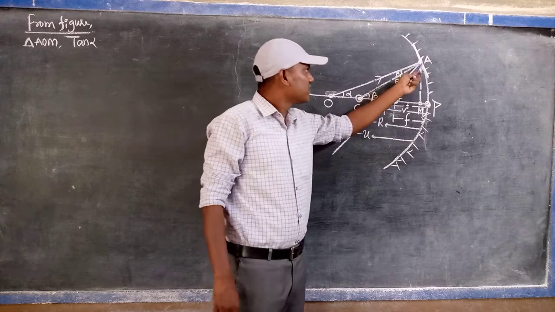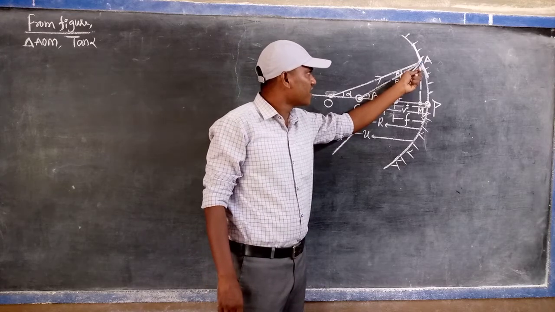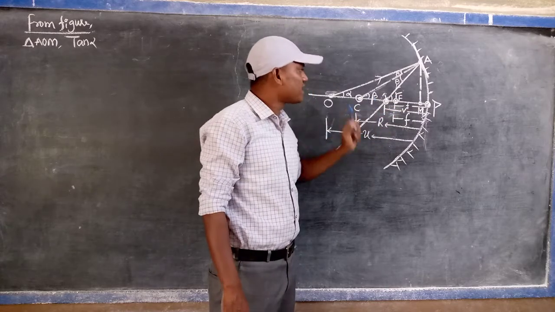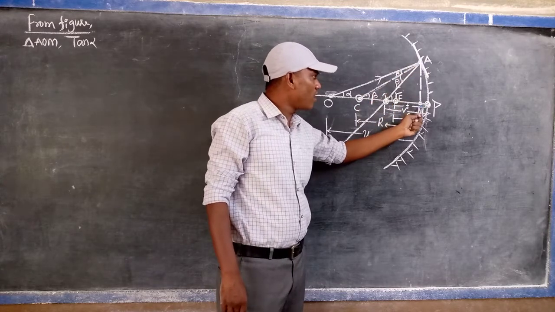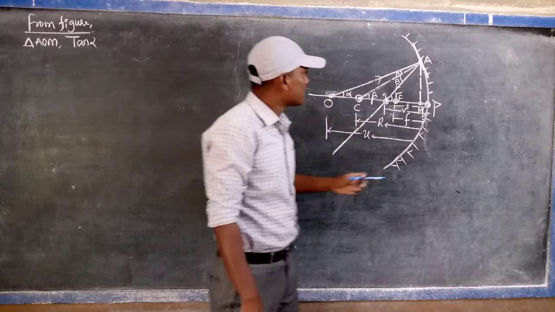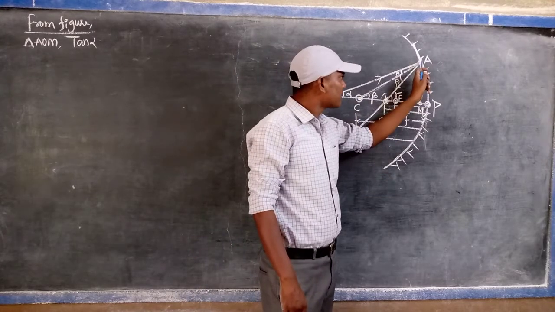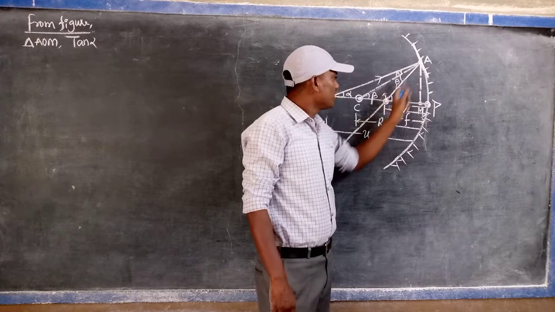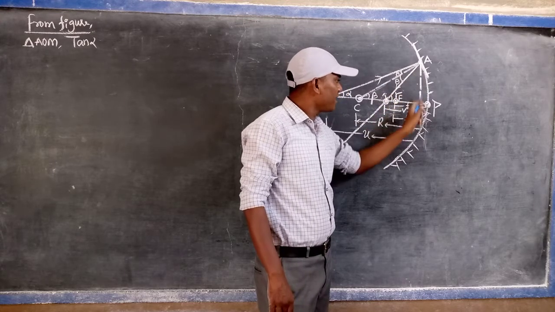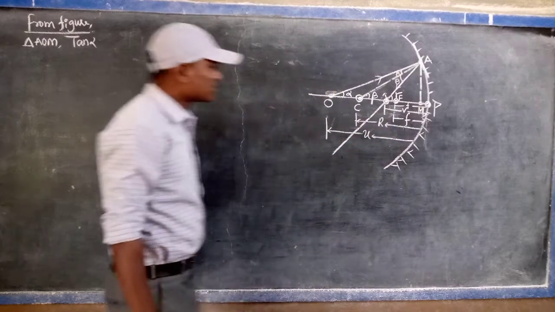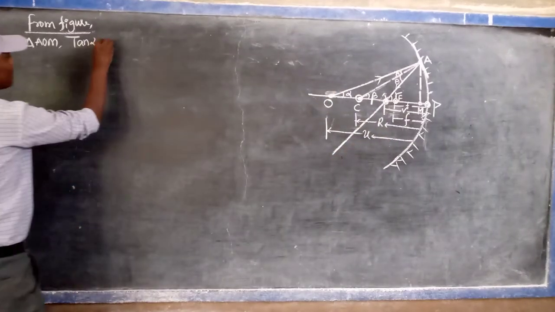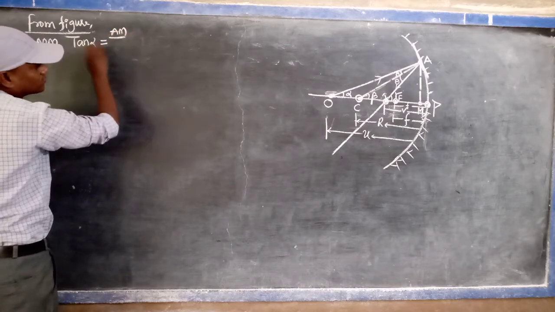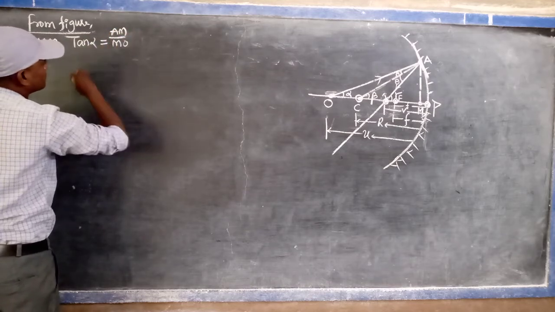In the same way, for the next right angle triangle ACM, tan beta equals AM upon MC. In the same way, for the next right angle triangle AIM, tan gamma equals AM upon MI. So tan alpha equals AM upon MO.